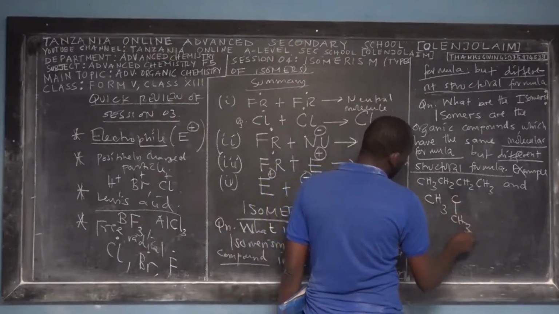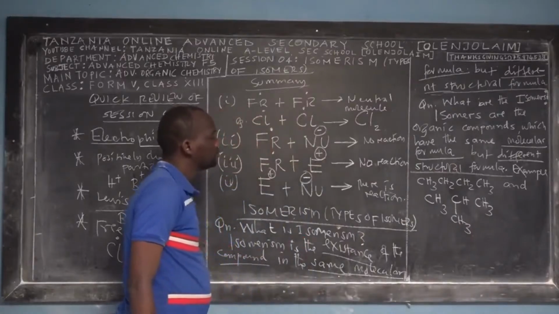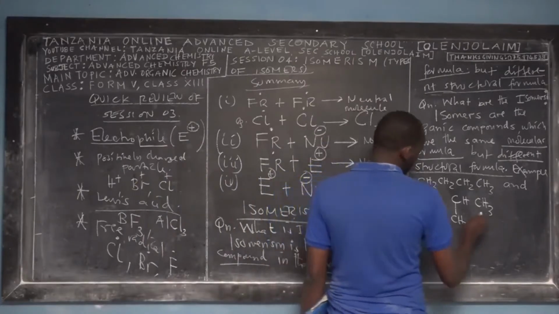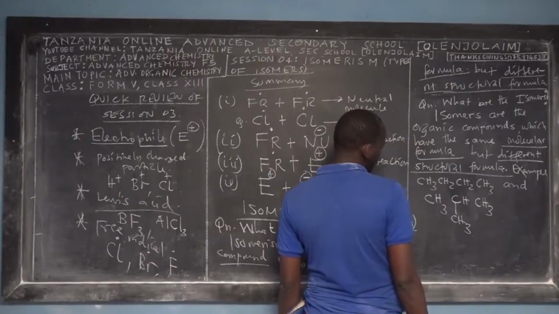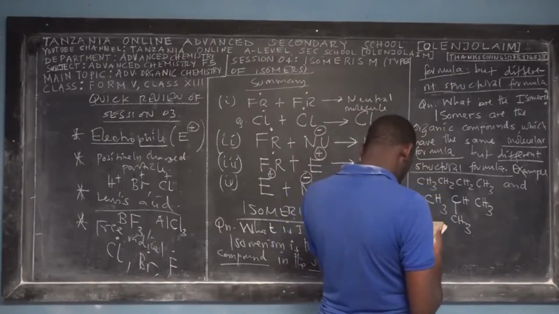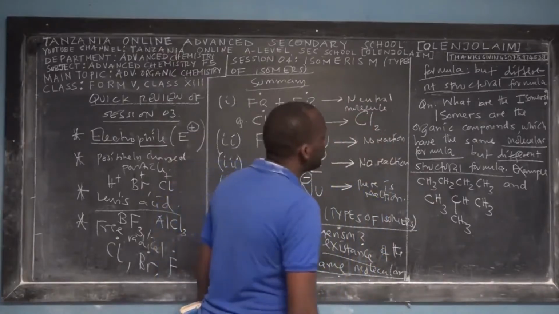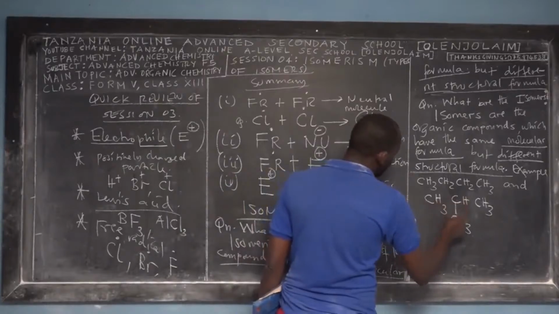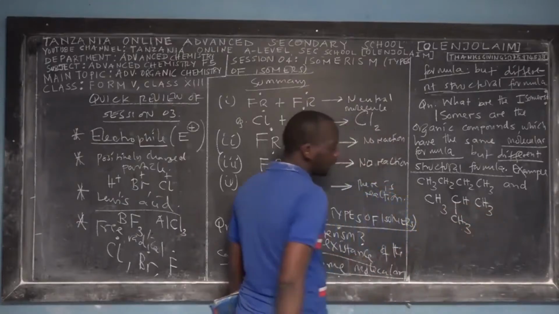You can have the next one, where a CH3 is attached as a branch. It contains 4 carbons: 1, 2, 3, 4, and again 10 hydrogens.